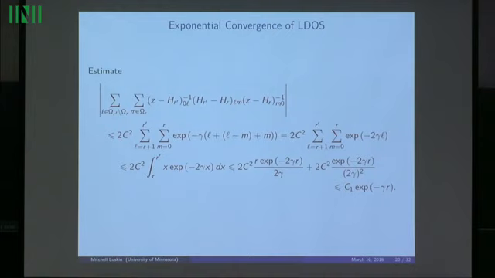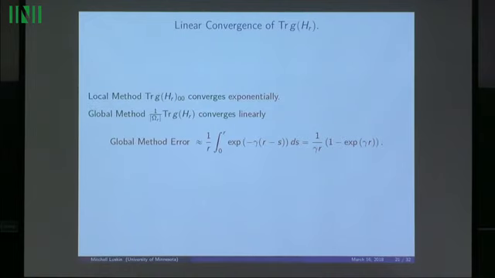So this is telling me this whole notion of the local density of states for an incommensurate system is actually well defined. It's converging exponentially. Now, what else is important? Let's stay with a simple 1D lattice.